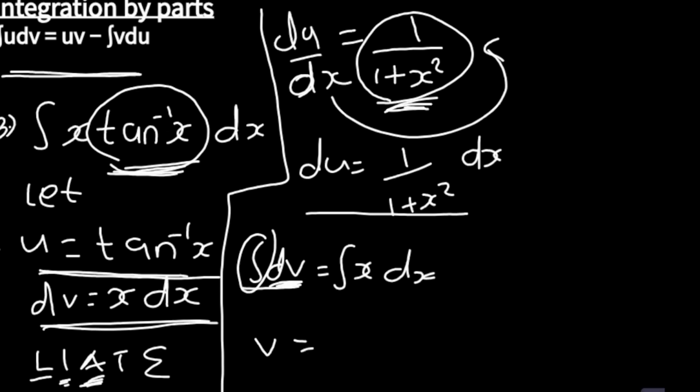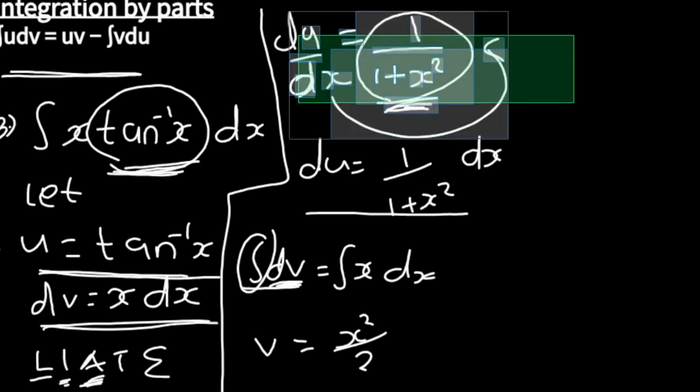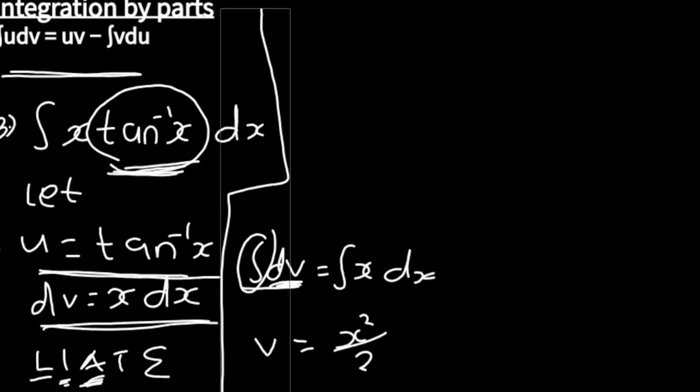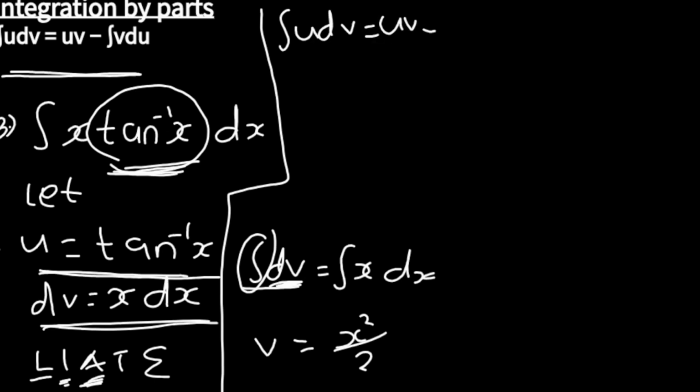So the integral of x with respect to x is x squared over 2. After finding v and du, we can now use our general formula: the integral of u dv equals uv minus the integral of v du.